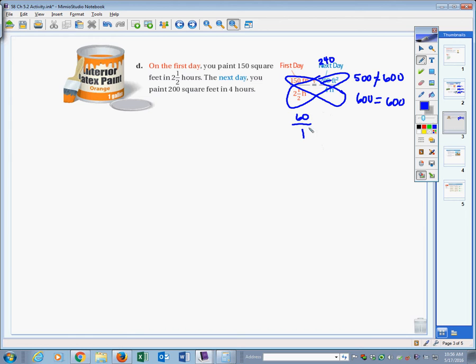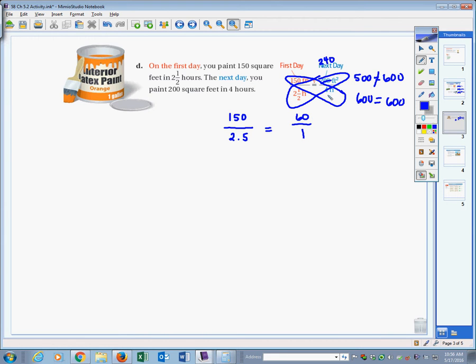Some of you guys are going, what? How did you get this? Well, I needed to get a unit rate in order to know how much I would be able to paint in 4 hours to change this number appropriately. So I took my 150, and this is really a division problem, right? Divided by 2.5, and that gave me, for every 1 hour, I was painting 60 feet.